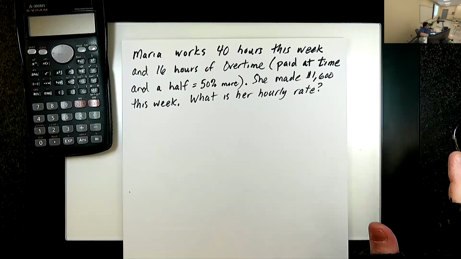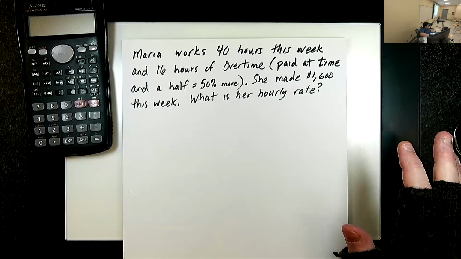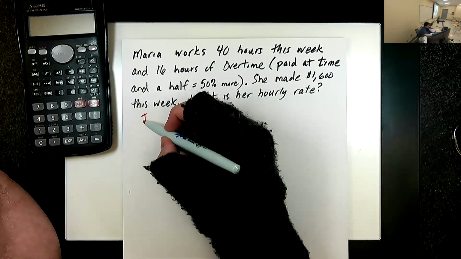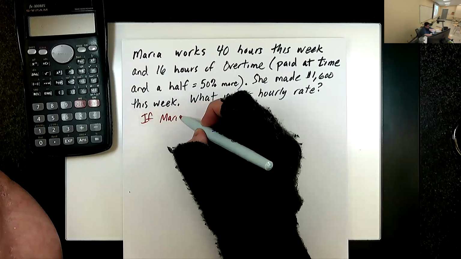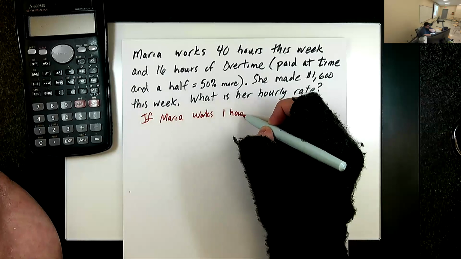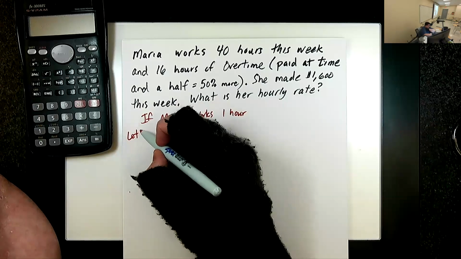Okay, so if we don't know how to jump to doing this in an equation, let's try to reason out what happens. Okay, so if Maria works 1 hour, let's pretend let's say she makes $10 an hour.